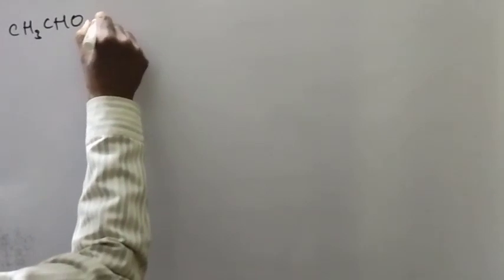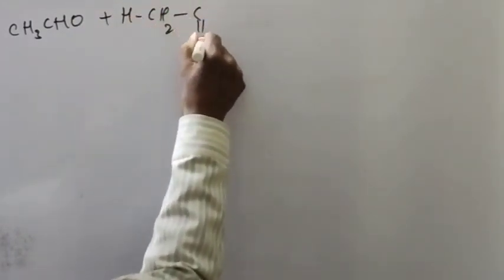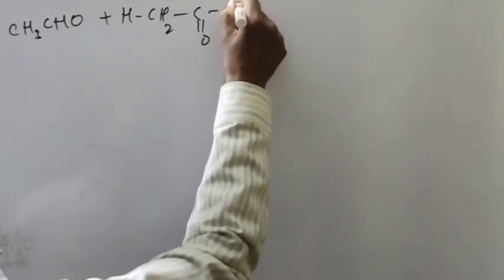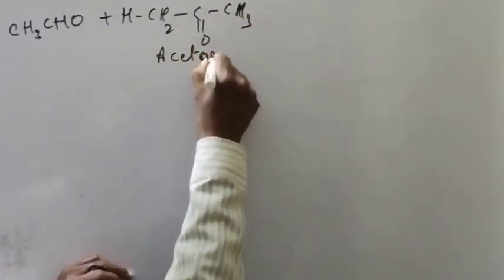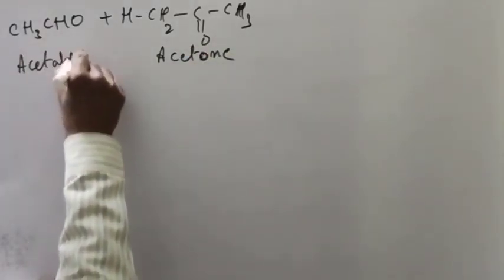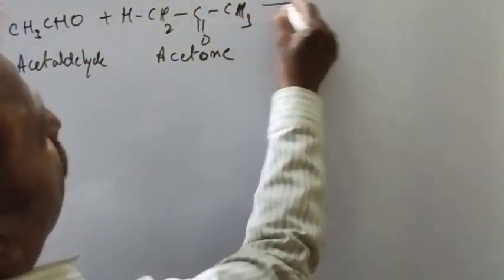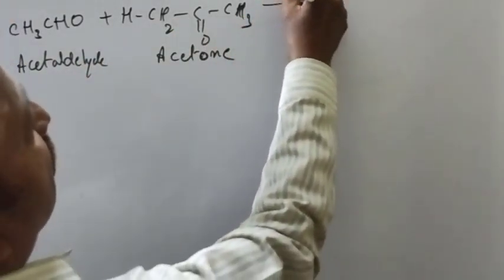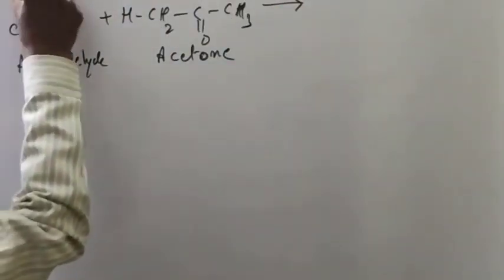So here two molecules are CH3CHO and, this is one molecule, this is the acetone molecule and this is the acetaldehyde molecule. So here also condensation takes place. Therefore this is cross-Aldol condensation.